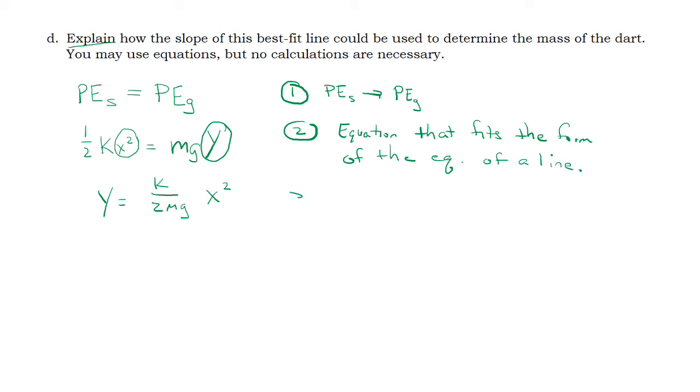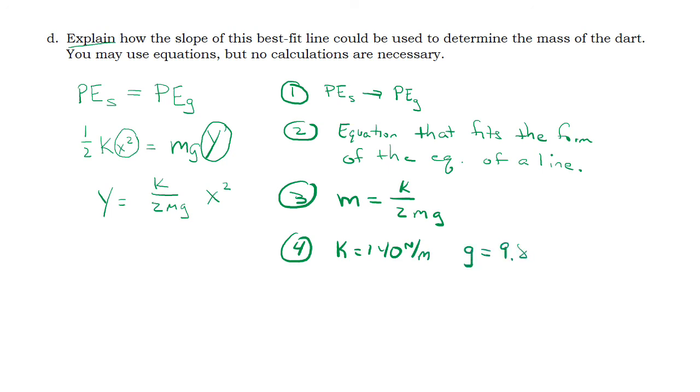Third thing I'll write is that the slope of this line, according to the formula y equals mx plus b, must be equal to k over 2mg. The fourth thing I'll write is that we know that k is 140 newtons per meter, and we know that g is 9.8 meters per second squared. So if we find the slope, we can just plug it into this equation and solve for m.